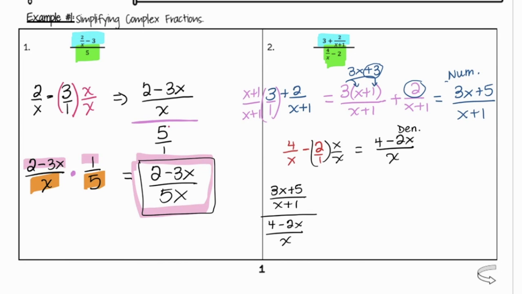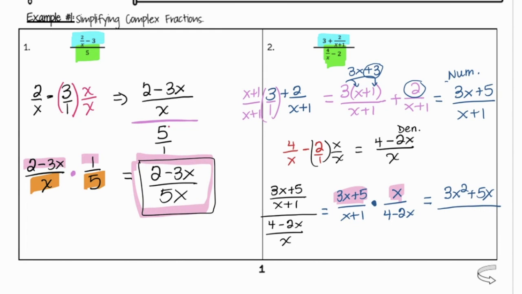So now that I have the numerator as simple as possible, the denominator as simple as possible, I could apply this keep, change, flip. So I'm keeping my numerator, I'm changing my operation, and I'm flipping my denominator. And now I am going to multiply across. So I have x times 3x plus 5, giving me a 3x squared plus 5x.